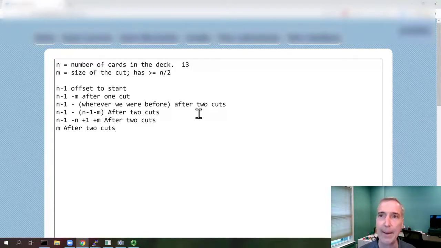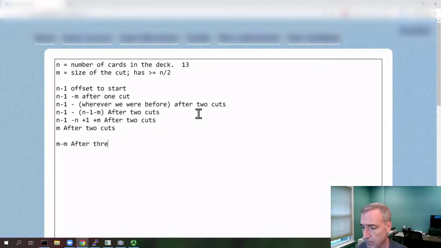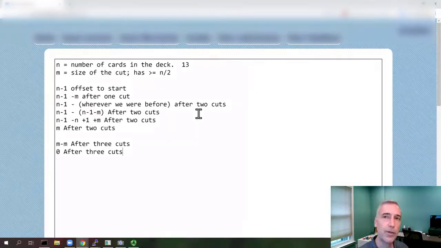And we're going to do a third cut. Well, when we do the third cut, it's at wherever it was minus m. Well, that's at offset 0. So no matter what someone picked for the cut size, it was going to be at offset 0.